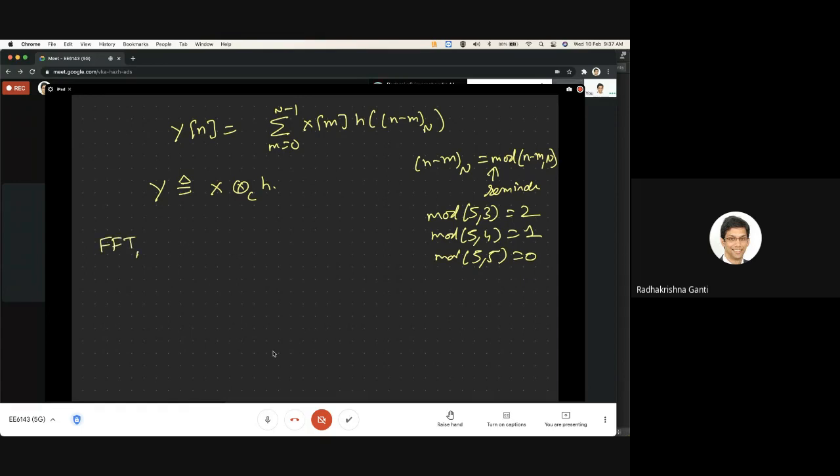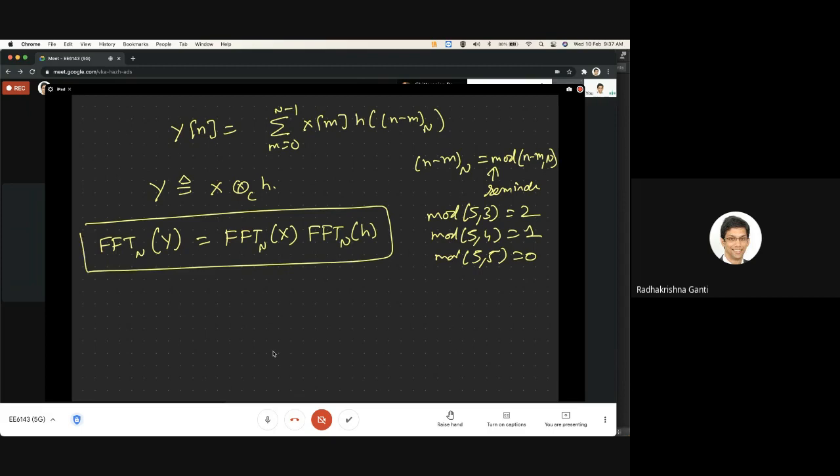The N-point FFT of y will be equal to the N-point FFT of x times the N-point FFT of h when you circularly convolve. So essentially, circular convolution of discrete sequences plays well with the Fourier domain: it is equal to the product of FFTs.